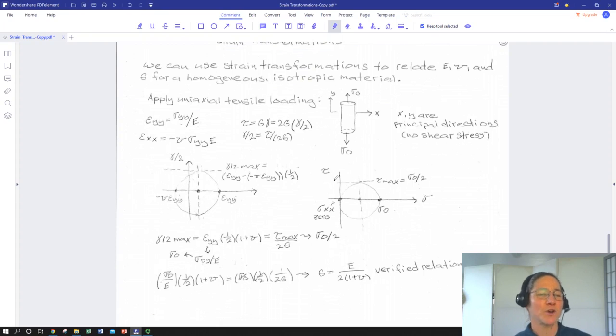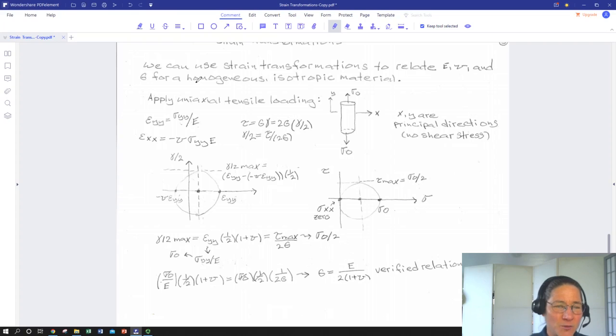Okay, let's do one more example that's a little bit simpler, but it also incorporates Hooke's law. So we're going to go with the simplest case, but it's the one from which a lot of material properties are drawn. So we're going to look at strain transformations and Hooke's law to relate our elastic constants, our Young's modulus, our Poisson's ratio, and our shear modulus.